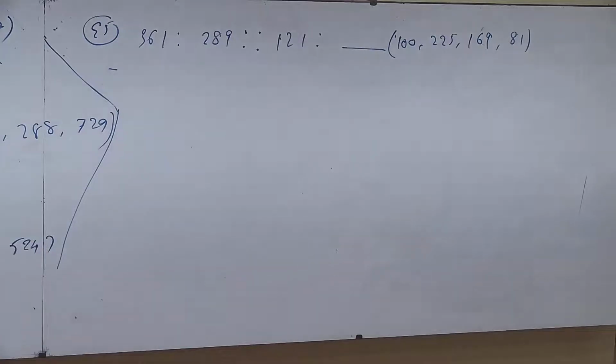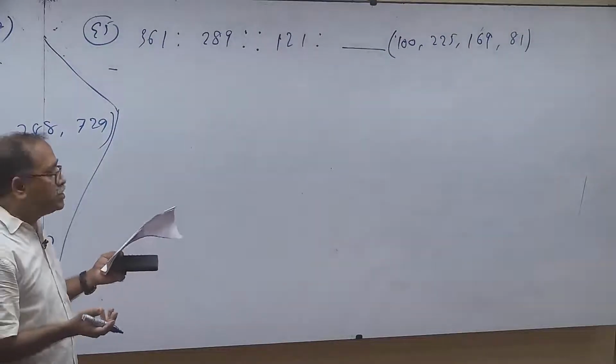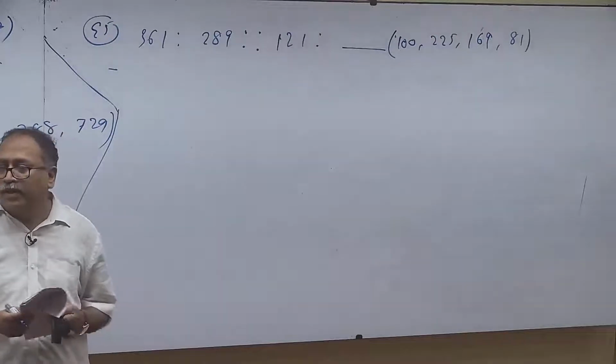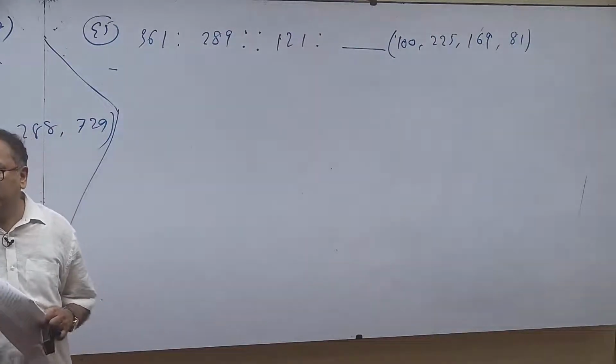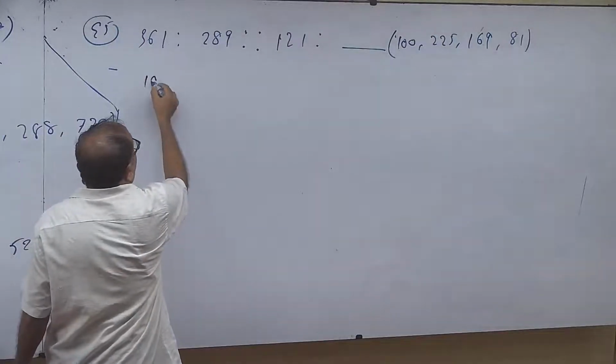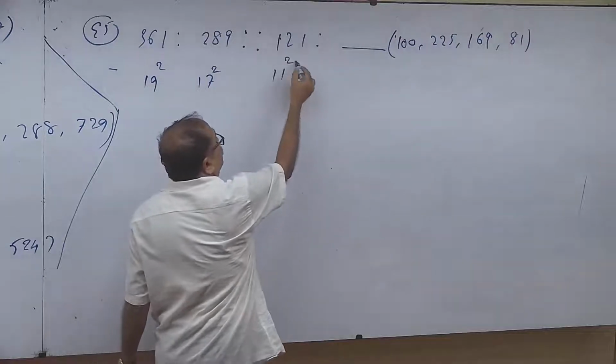It's an open area. There is no guideline that you have to move in this specific direction or that specific direction. I notice that these numbers are squares. All the three numbers are squares. So the very first part I will go looking at is this is 19 square and this is 17 square. So this is 11 square.